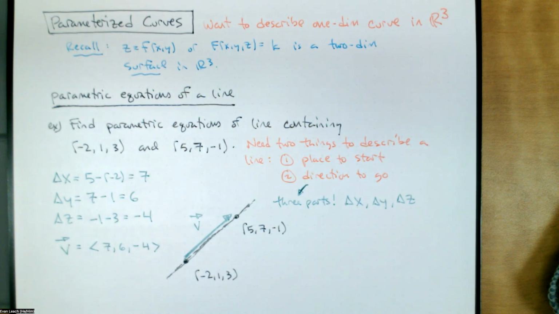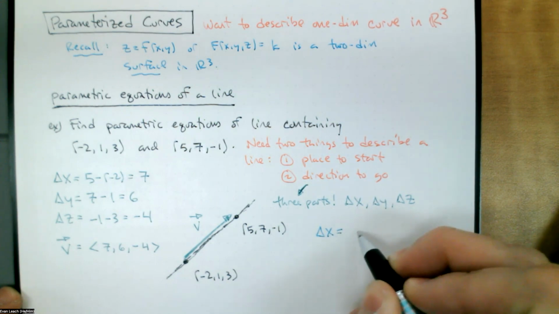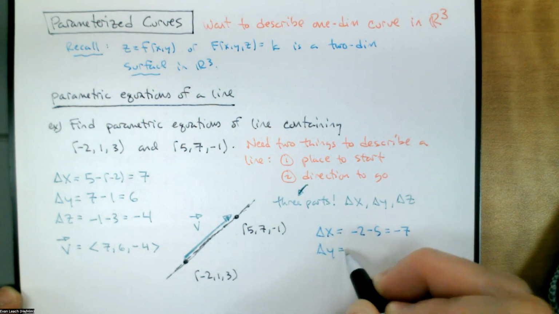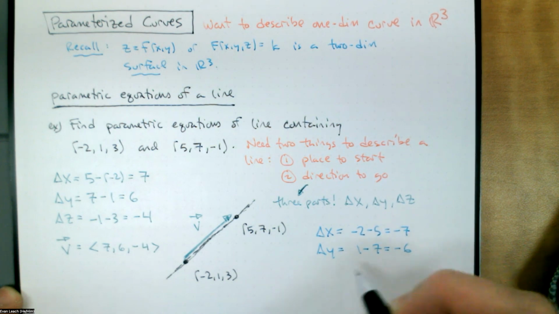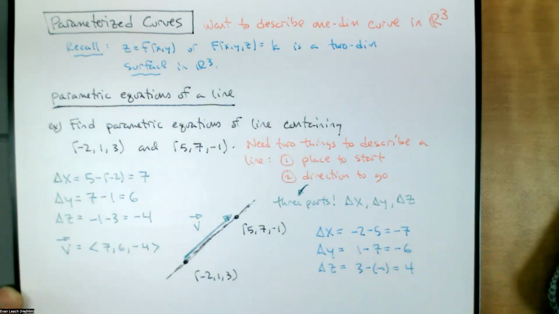Notice that this has a direction. This one started off at -2, 1, 3 and ended at 5, 7, -1. As long as we're consistent, it doesn't matter what we use for the vector. If I had switched these around, I might have said that delta x was -2 minus 5 or -7, and then delta y would be 1 minus 7 or -6, and delta z will be 3 minus -1, 4.